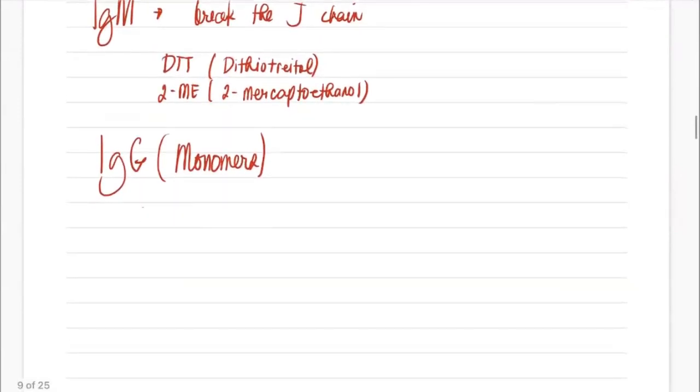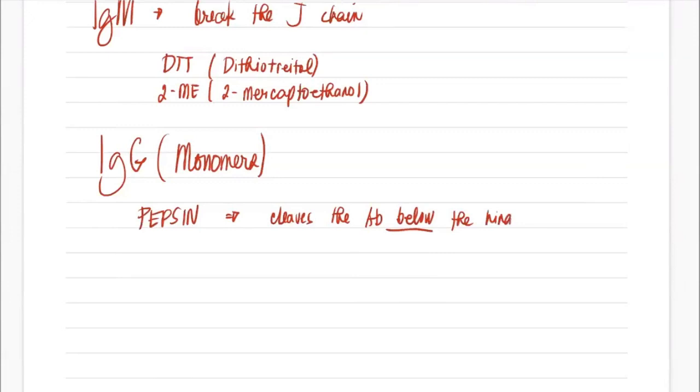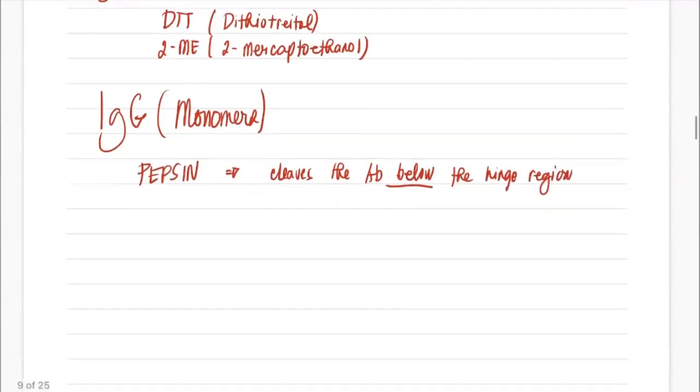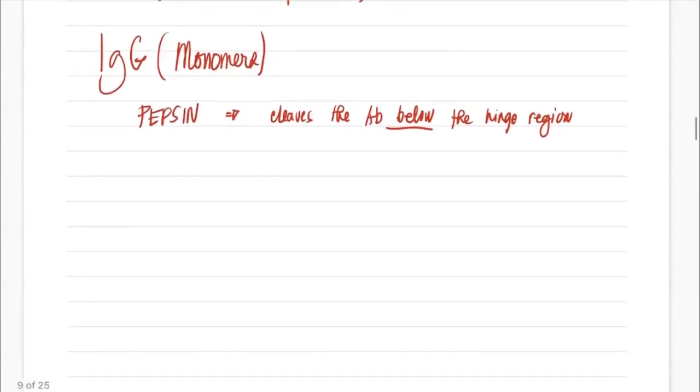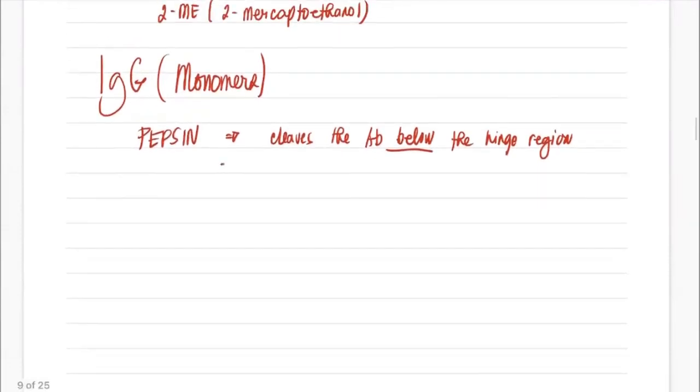When we use pepsin, take note that it cleaves the antibody below the hinge region. Because of that, it will only result in 2 fragments.